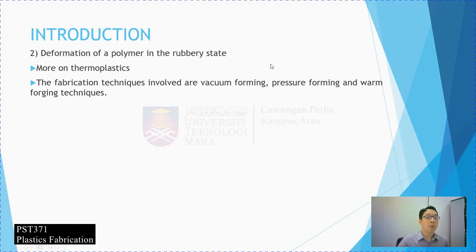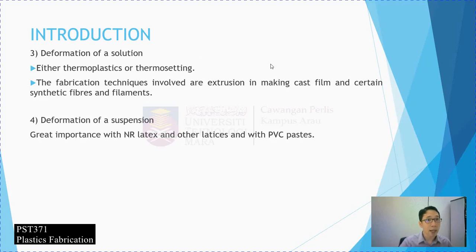Okay, more on thermoplastic, the applications of the deformation of rubbery state, and the fabrication techniques involved are vacuum forming, pressure forming, and warm forging techniques. And then deformation of a solution. We also have a solution material that is finally transformed into a final product, either thermoplastic or thermosetting.